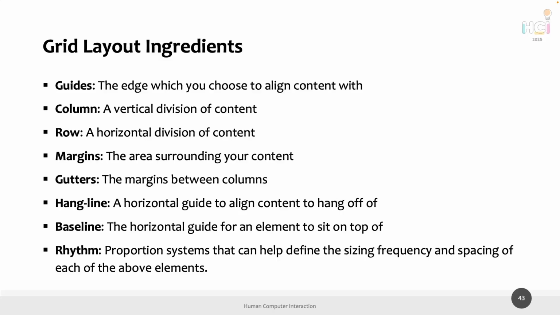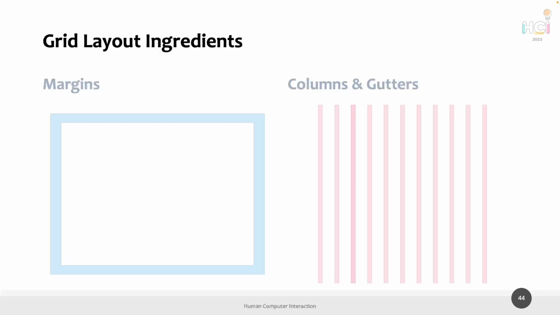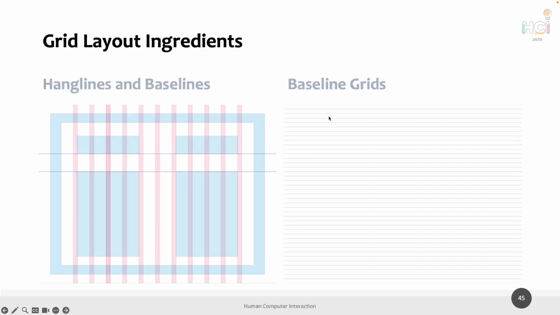We, of course, have columns and rows, but we also have margins, for example, the area that surrounds the entire grid. We have, for example, gutters, which are the margins between the different columns, and so on and so forth. So again, here there is the margin, and here there are the gutters, right? So the margin between two different columns.